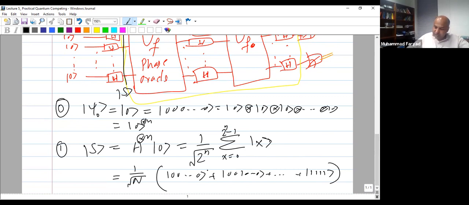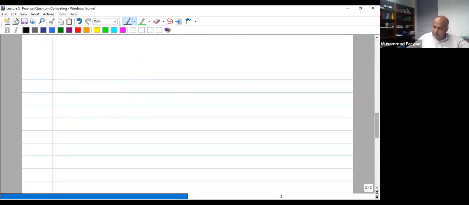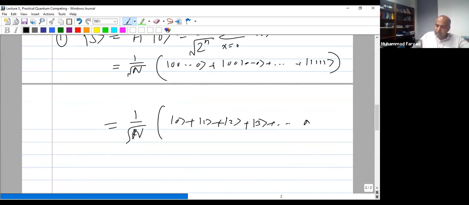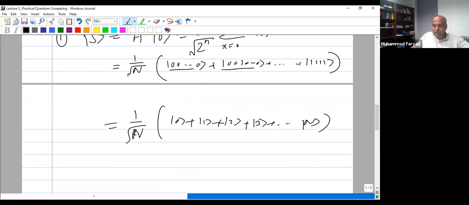And in the literature, there is actually another way of notating these states, where some people would just write it like this: 0, 1, 2, 3, all the way to N minus 1. This index that we have assigned to different states just corresponds to the decimal conversion of these binary strings.